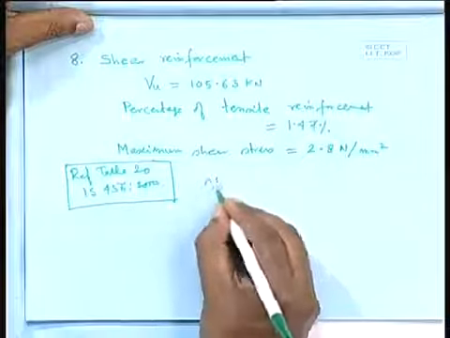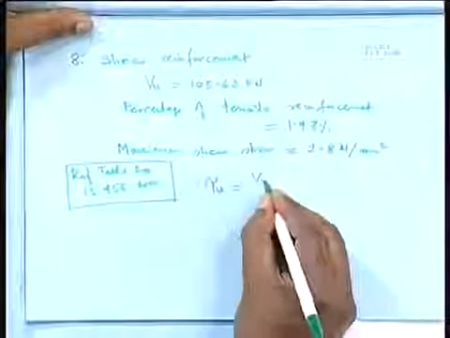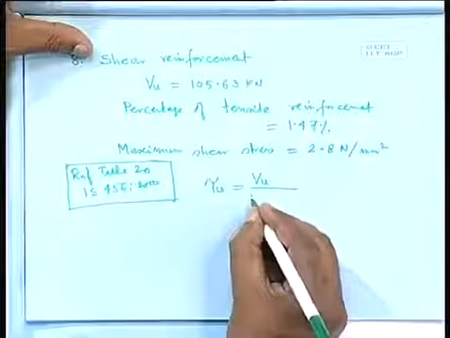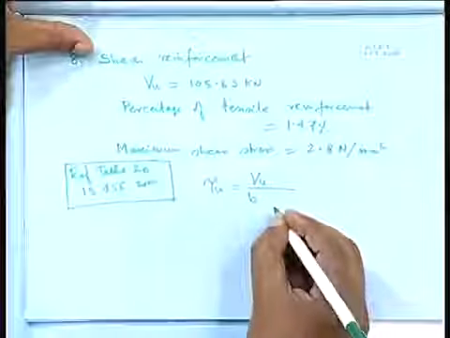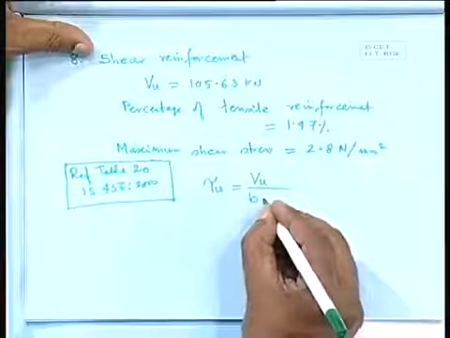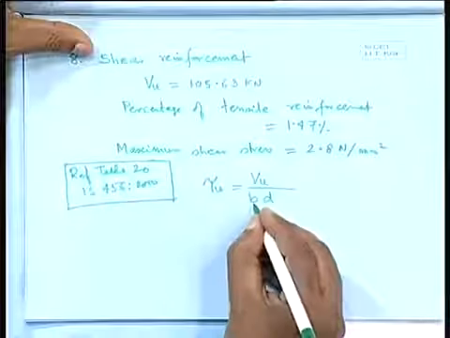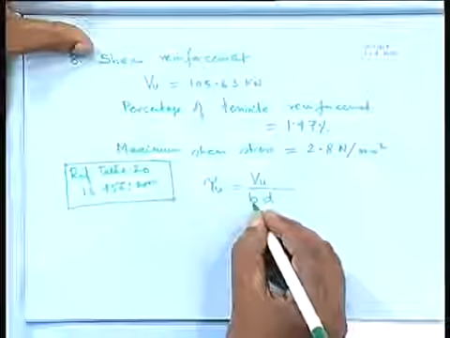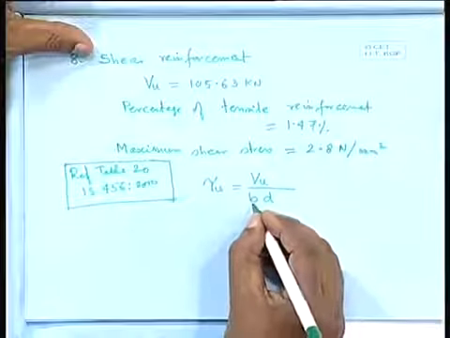So, tau v equal to Vu by B times d. What about this B? B is the width of the web.